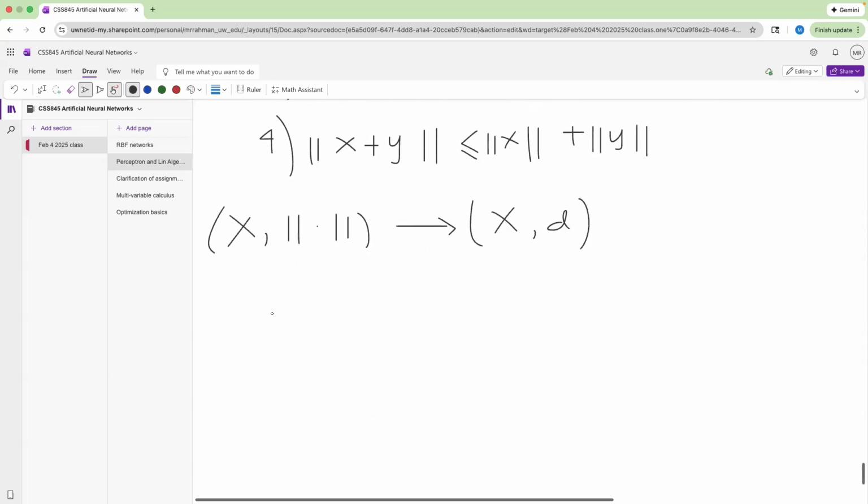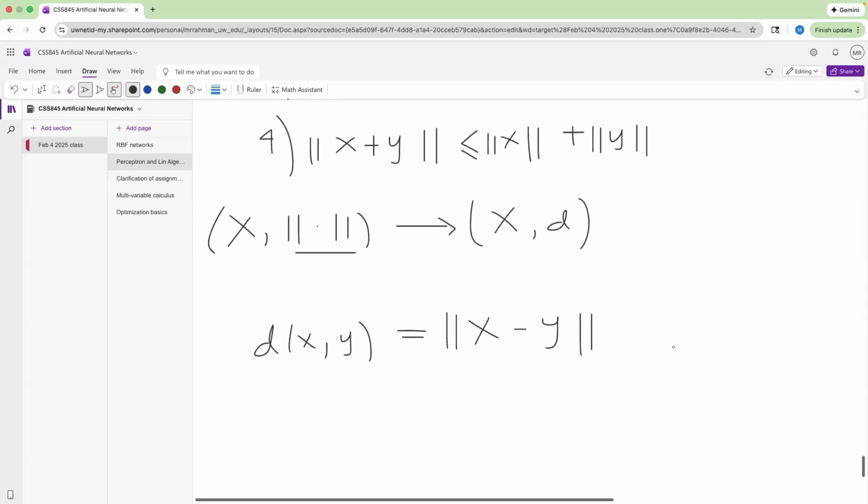To get a metric space, you need to define the d function, which is a distance function. So if I have two vectors x and y, I can use this norm to define a metric. I just say that the distance is, I take the difference of these two vectors, x minus y, and take the norm of that.